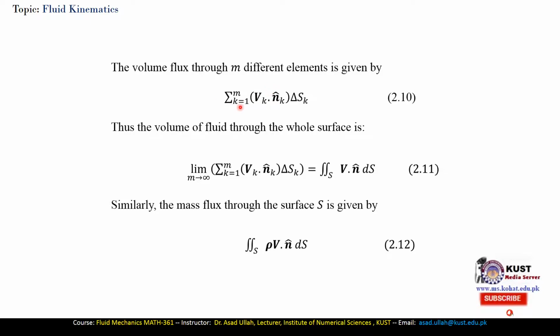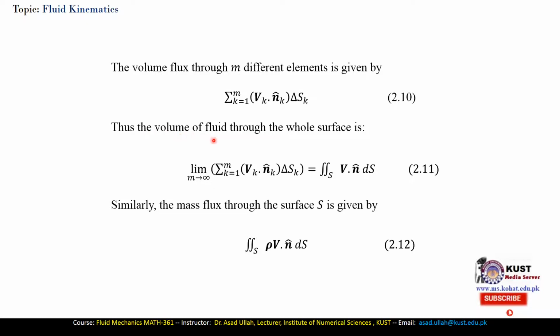Here the summation, k starting from 1 up to m, shows m different elements. If we use k equal to 1 we get the first element, and if we use k equal to 2 we get the second element, and so on. So these are m different elements on the surface S.